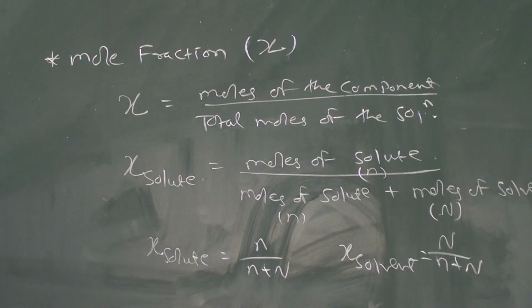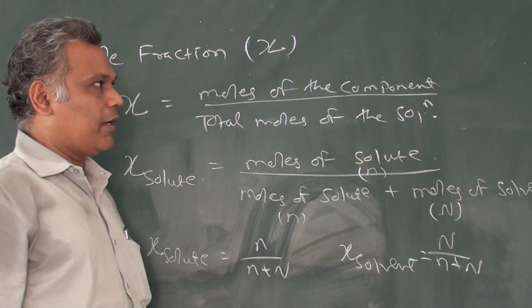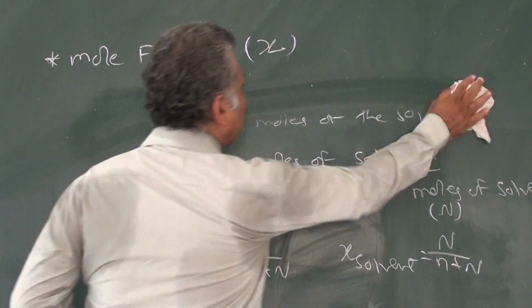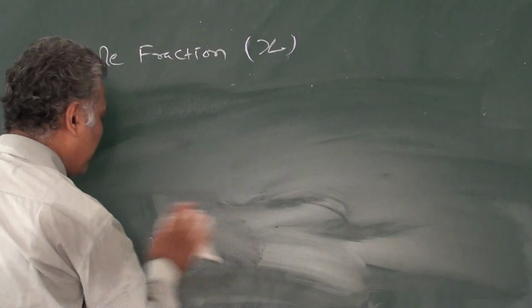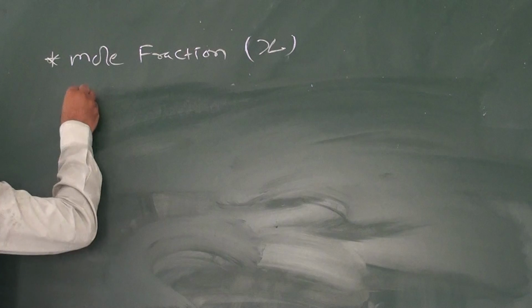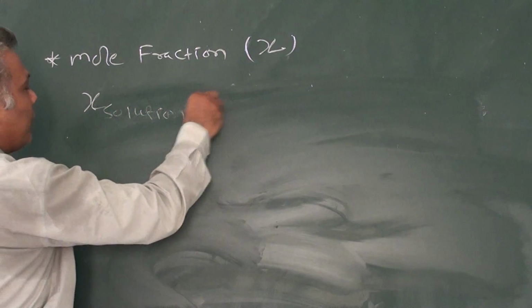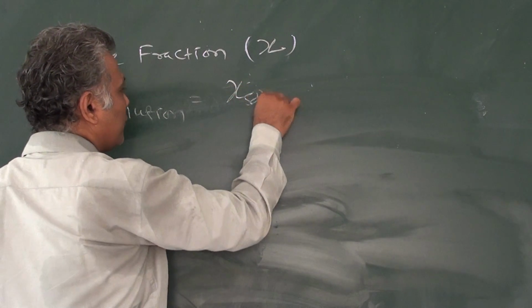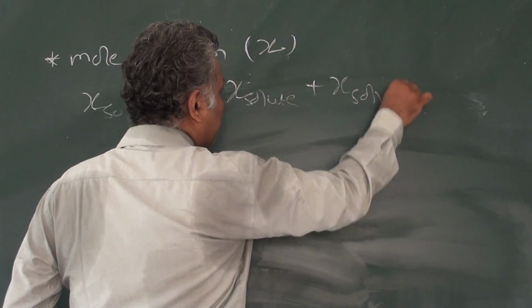Right? Now, suppose we got the mole fraction of solute and the mole fraction of solvent. We want to calculate the mole fraction of solution. If I want to calculate the mole fraction of solution, then what will be the value? Mole fraction of solution will be equal to mole fraction of solute plus mole fraction of solvent.